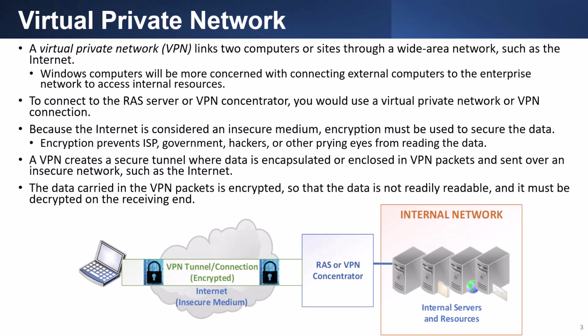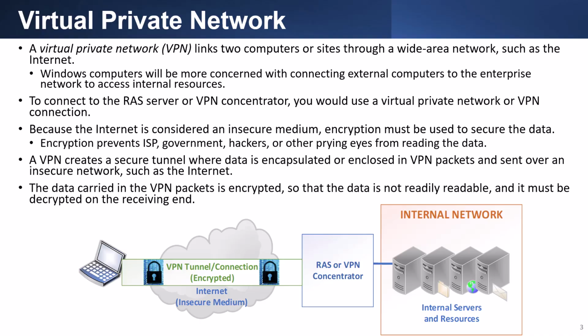A virtual private network, or VPN, links two computers or sites through a wide area network, such as the internet. Windows computers will be more concerned with connecting external computers to the enterprise network to access internal resources. To connect to the RAS server or VPN concentrator, you would use a virtual private network or VPN connection. Because the internet is considered an insecure medium, encryption must be used to secure the data.